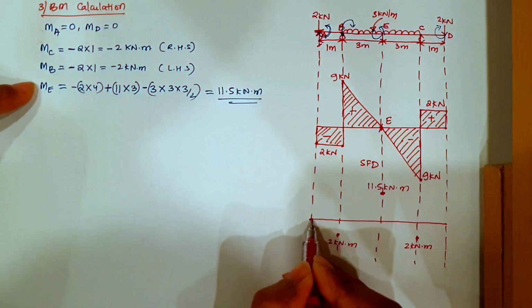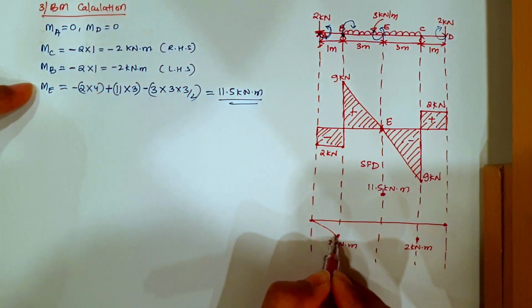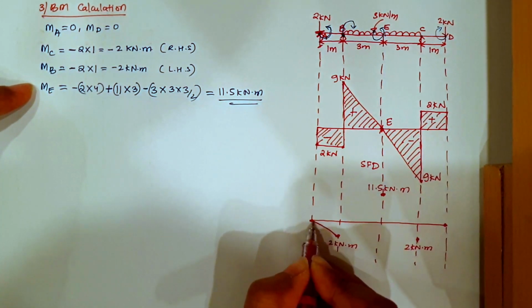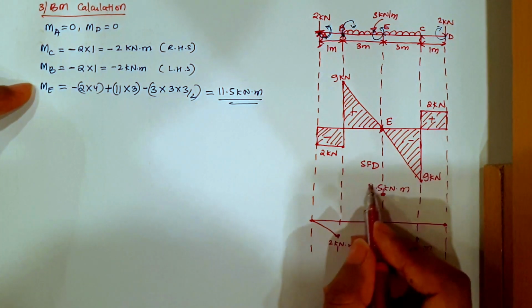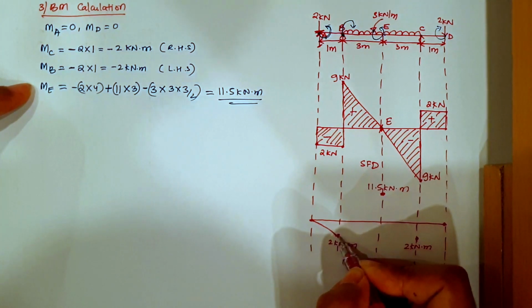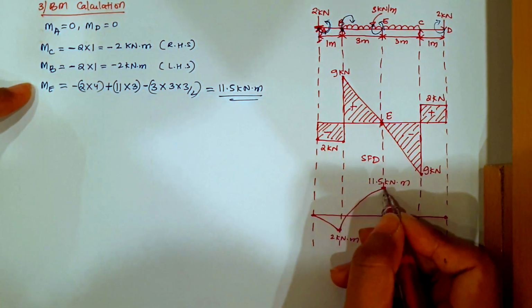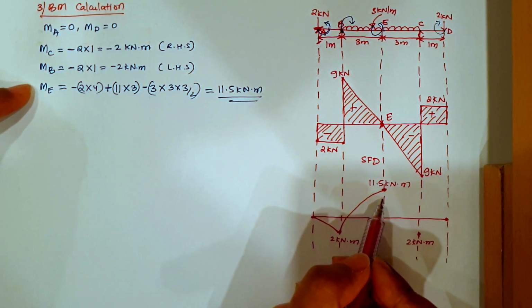Now let us join the lines. The moment at A and the moment at D is 0. So let's join it. Now from here, since the full UDL is acting here, it will go in a parabolic manner. Okay, from here and then join it down there.